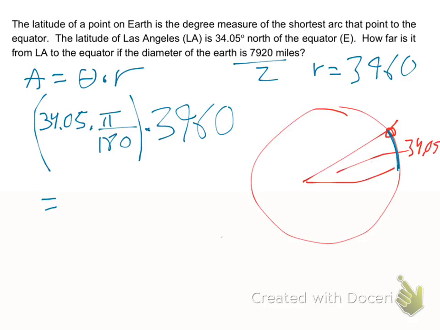Here's a cool thing: instead of just the equator to this town, it could say that the angle between two towns, say Green Bay to Los Angeles, is 70 degrees. You can find the distance between two towns on the earth. That's one way to do it as well. So how far is Los Angeles from the equator?